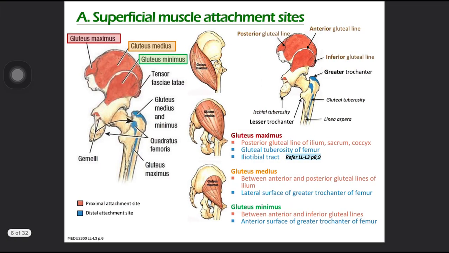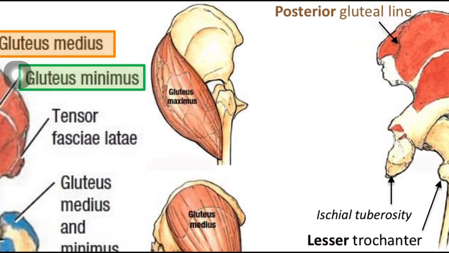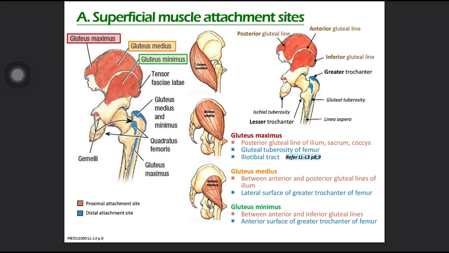Okay. So let's talk about the superficial group first, the big one here. Here you can see the attachment pattern of these superficial gluteal muscles. For the G-max, it has a broad origin, from the posterior ilium, sacrum, and also the coccyx.